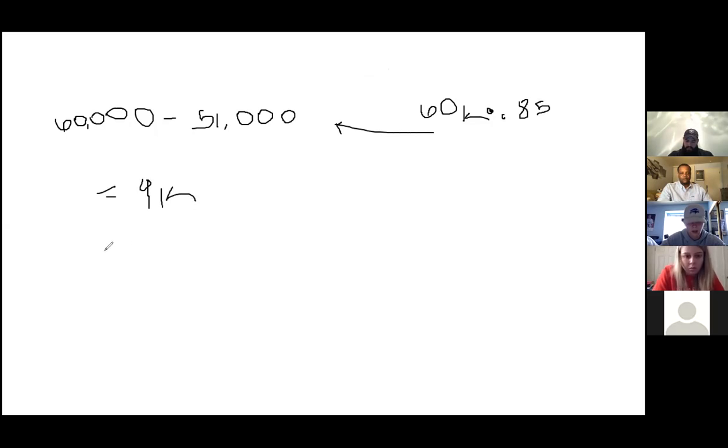And then you take 9,000 and divide it by 20 years, because that's the end of the bond, the maturity date of the bond. Divide it by 20, and you get 450.